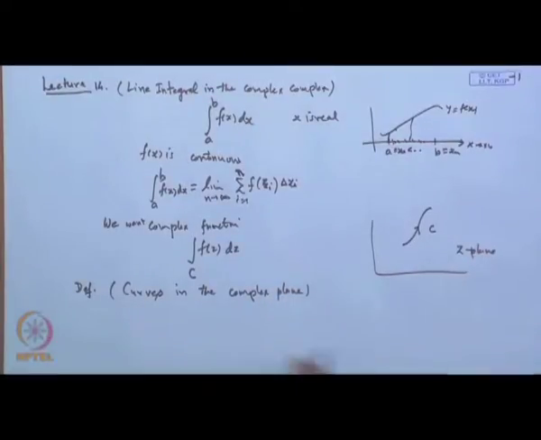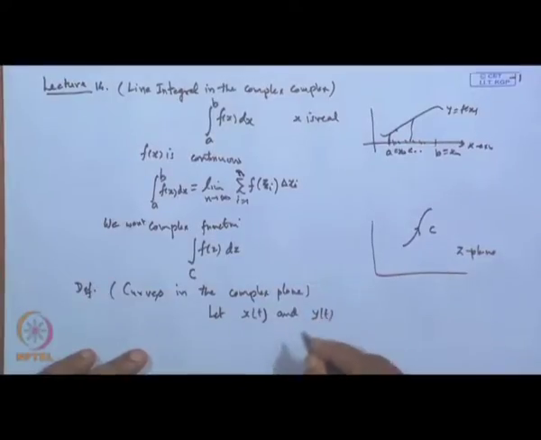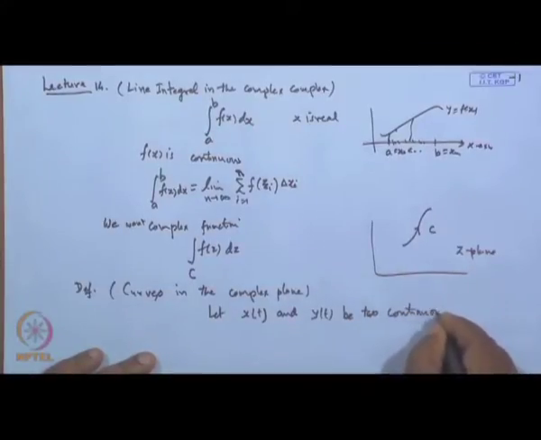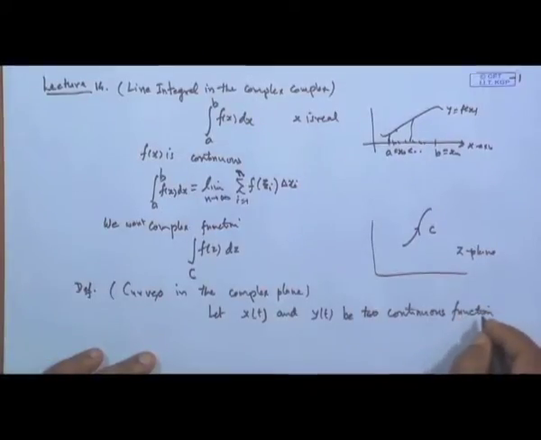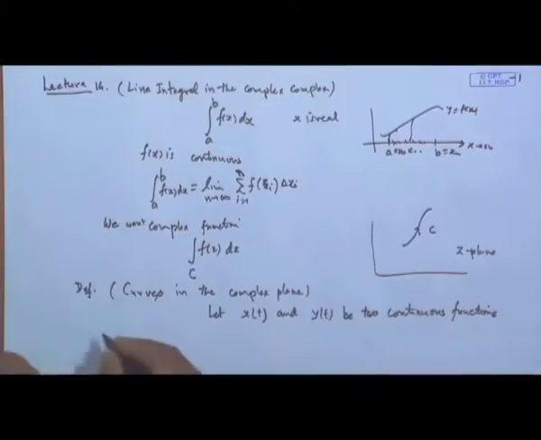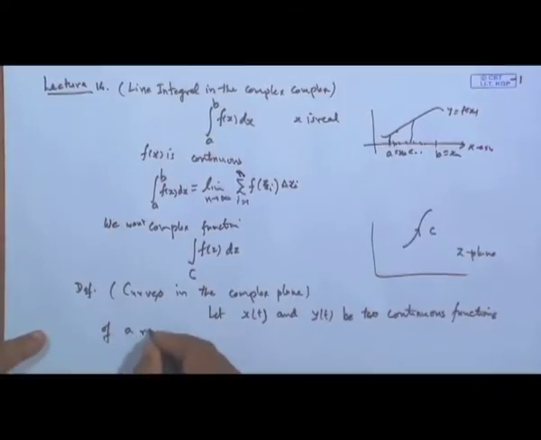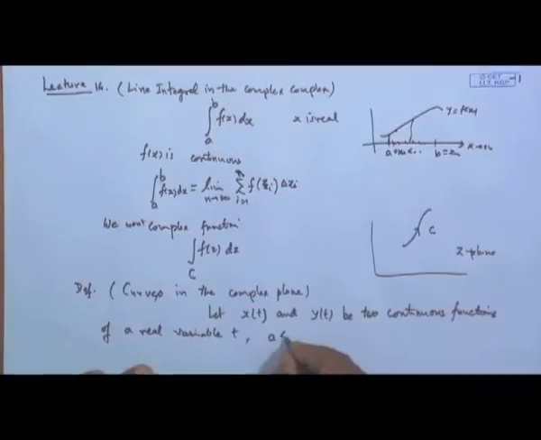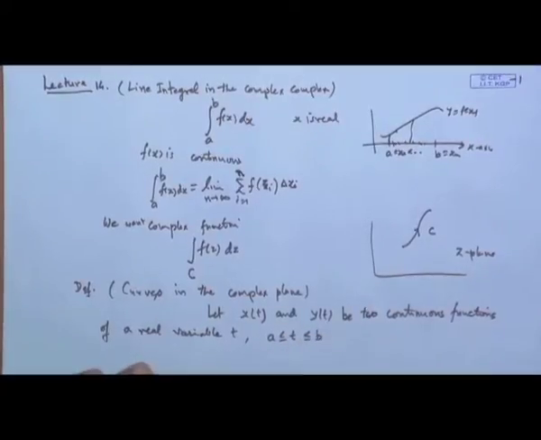For this, let us suppose x(t) and y(t) are two continuous functions of a real variable t, where t varies over the interval a to b.